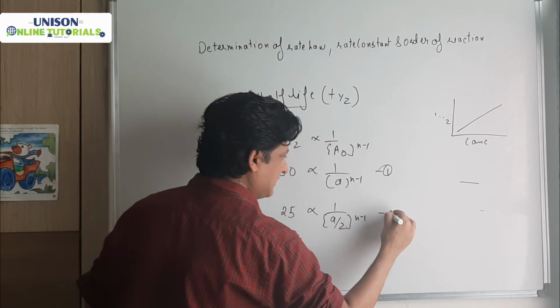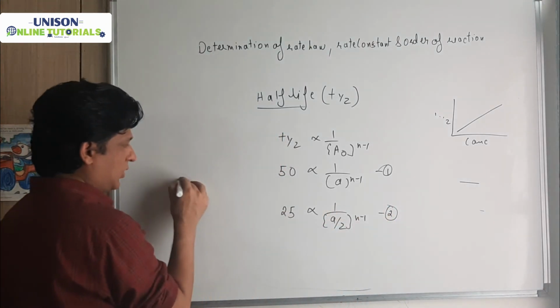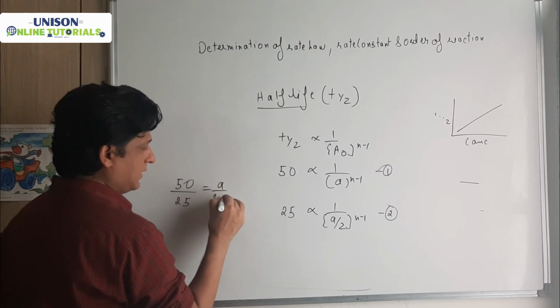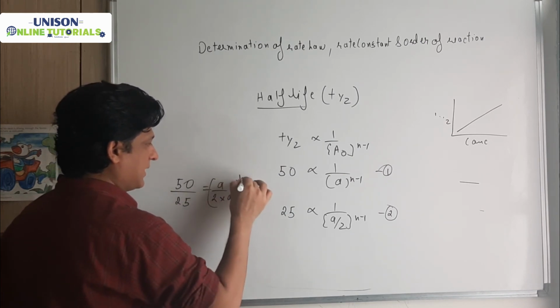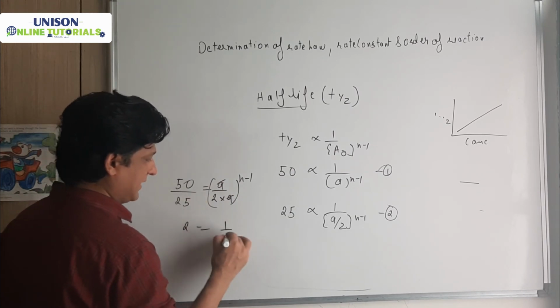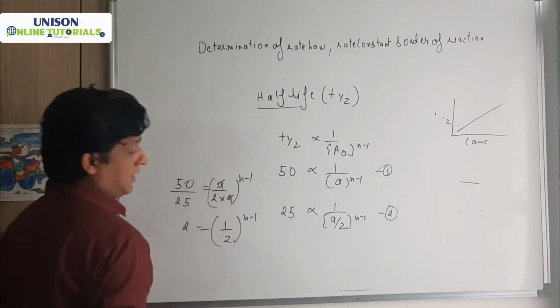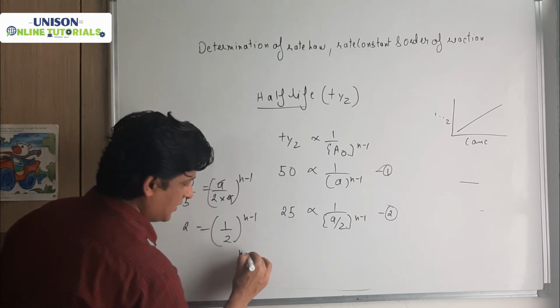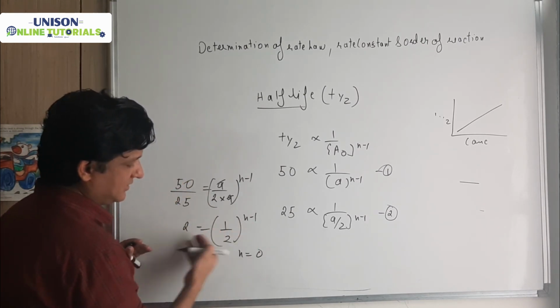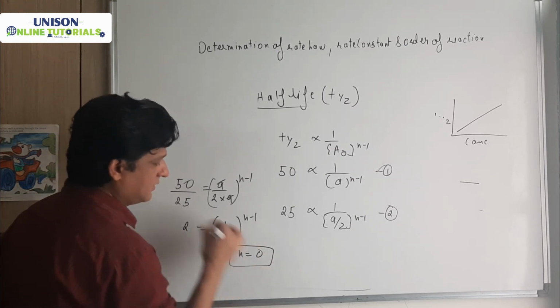So this is 1, this is 2. Just dividing both, 50 by 25 is equal to (a by 2 into a) raised to the power n minus 1. So a gets cancelled, it is 2, equals (1 by 2) raised to the power n minus 1. So what will be the order? If we put n as 0, both LHS and RHS become equal. So it is 0.